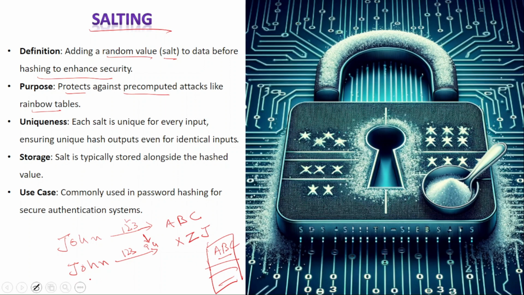And let's suppose there is another user, Bob. Even if Bob enters the same password, his salt will be different. Salt will be, let's suppose, 67, and it will result in a completely different hash.